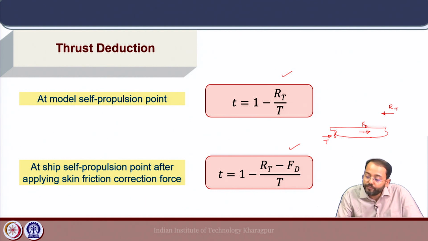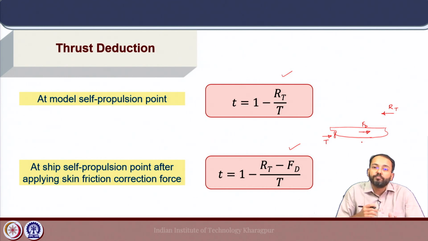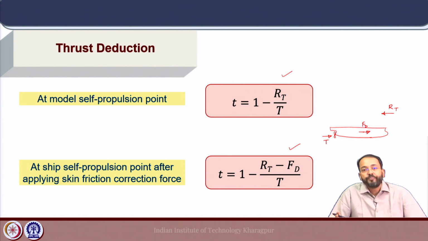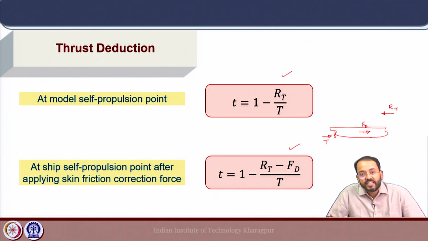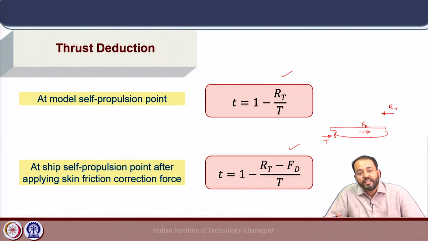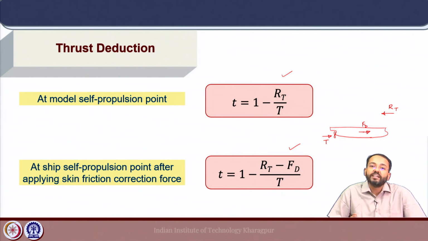And we have seen earlier, in the hull propeller interaction part of this course, that this RT will increase because of the suction effect of the propeller. So, the total resistance that we get from the resistance test will be increased slightly when the propeller is acting behind the ship.